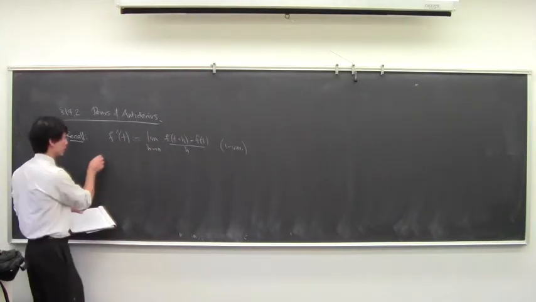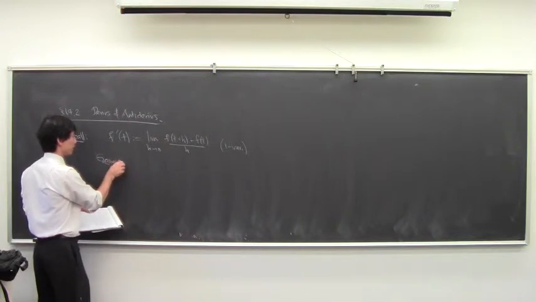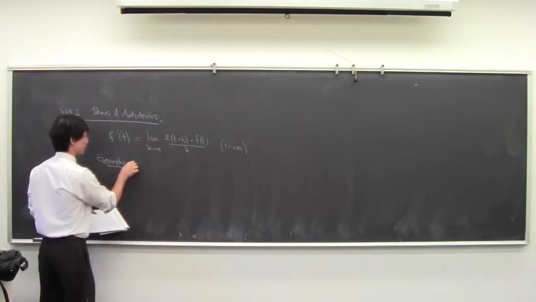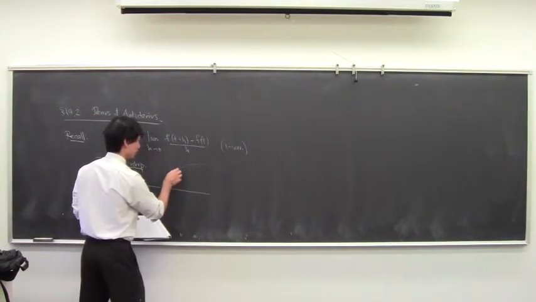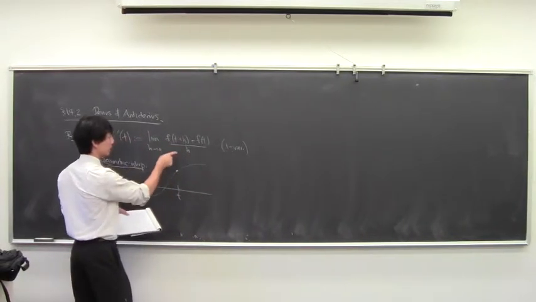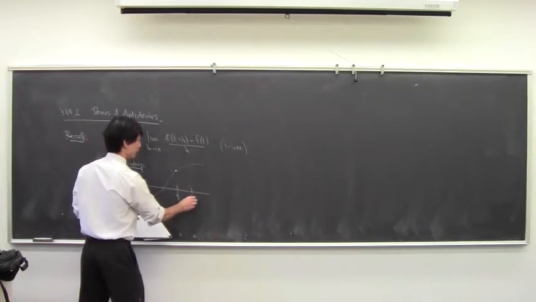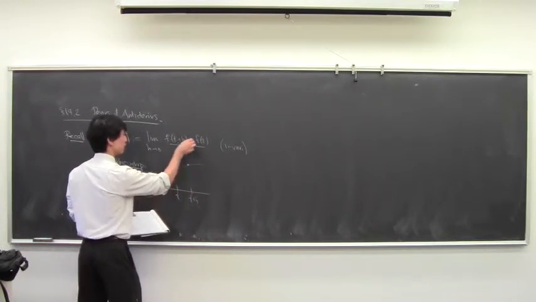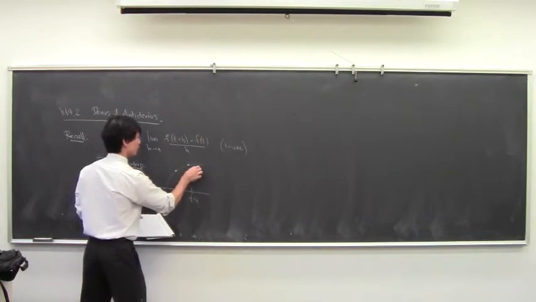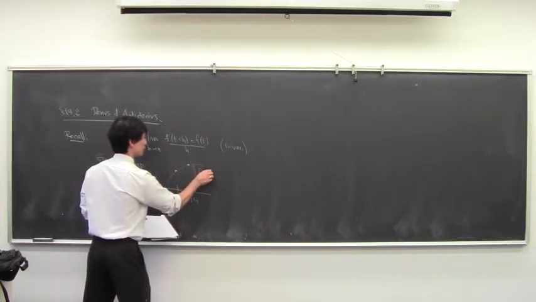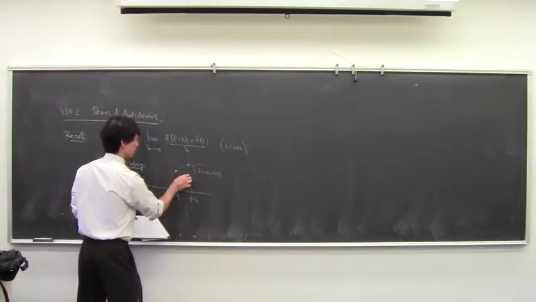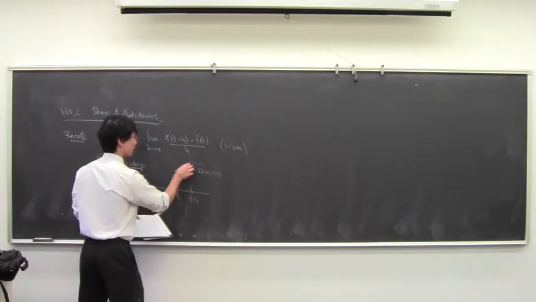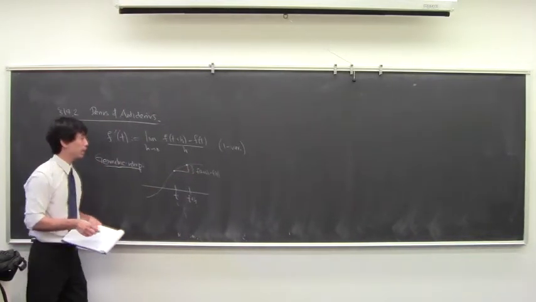And the geometric interpretation, you recall, is that you have this function. So here is t, and you're looking at t plus h. So f of t plus h, you get some height, and you subtract off f of t. You get this f of t plus h minus f of t, and then you divide by h, which is this thing here.